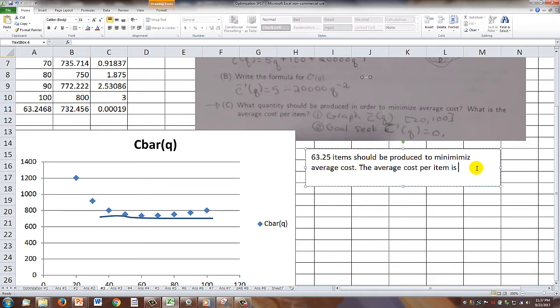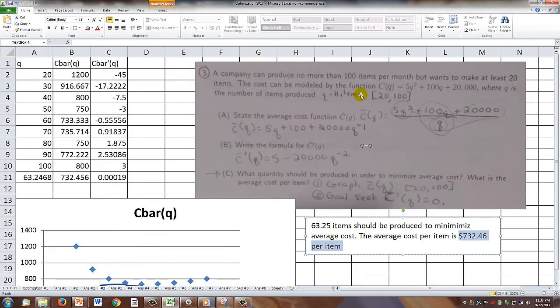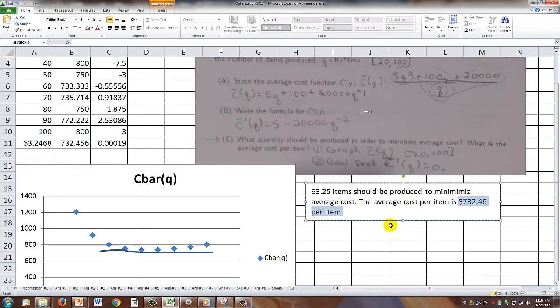So the average cost per item is $732.46 per item. So my average cost units are dollars, because that's what C was, per item, because that's what Q was. But it's not an average rate of change, it just has the same unit.